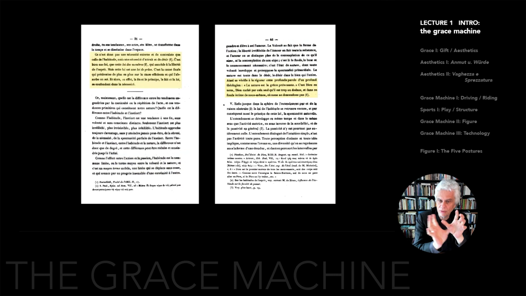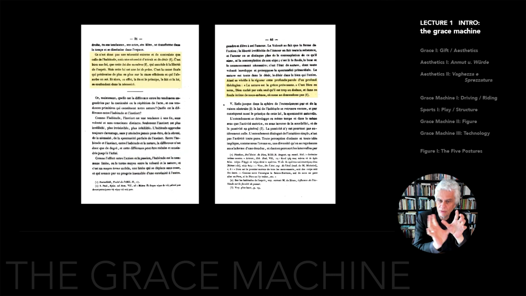So what's interesting about this term, grâce prévenante, prevenient grace, is that it's usually translated either as resistible grace in Catholic terms, or enabling grace. Enabling. Now, habit is directly, through the word habere, related to ability or able, right? So habit is being able.